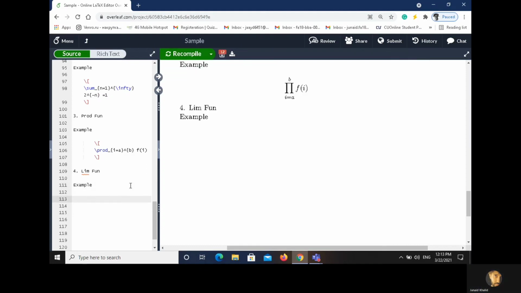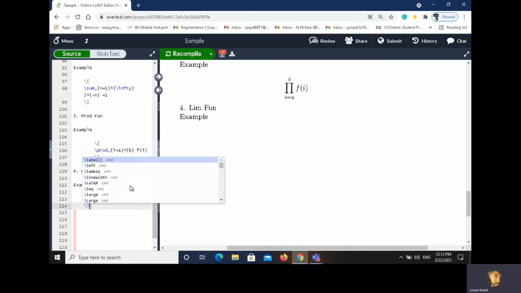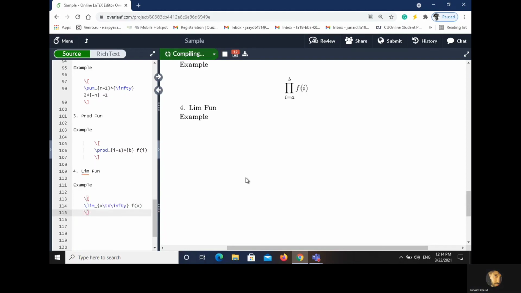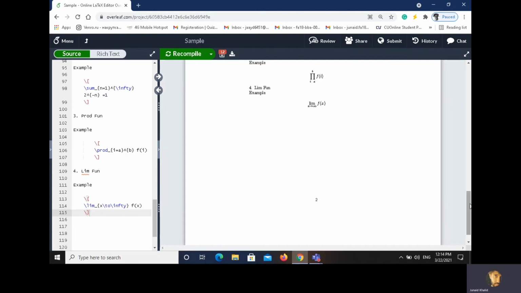Limit function example, bracket start, limit underscore, write x, oblique to oblique infinity, or we're going to write x to infinity, and f of x, f in parenthesis x, bracket close, and compile. So here it is, our limit function, in which x tends to infinity of f of x.